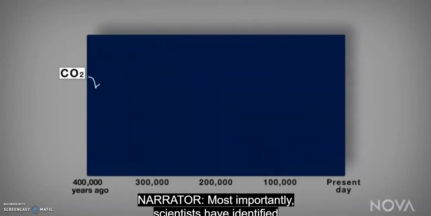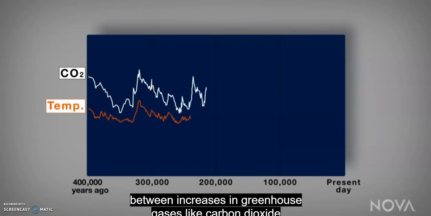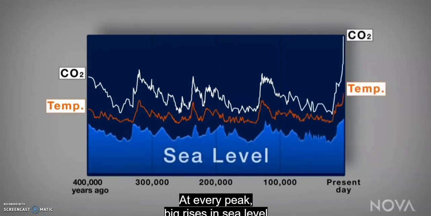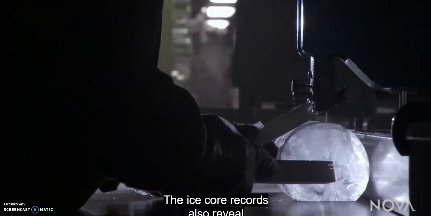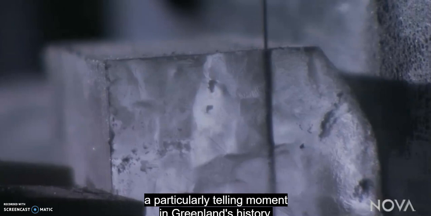Most importantly, scientists have identified a direct historical link between increases in greenhouse gases like carbon dioxide and steep rises in global temperatures. At every peak, big rises in sea level followed as Greenland's ice sheet shrank. The ice core records also reveal a particularly telling moment in Greenland's history.